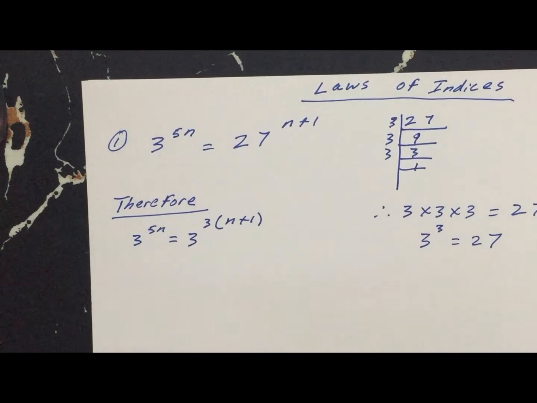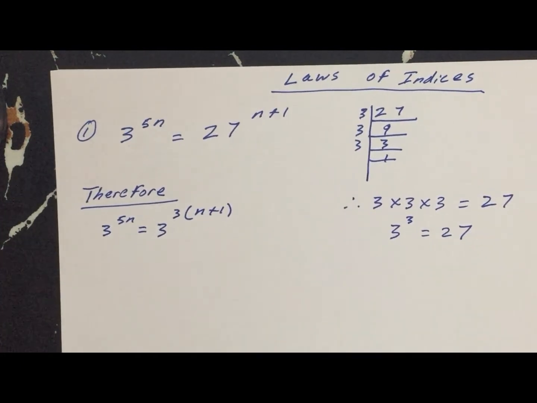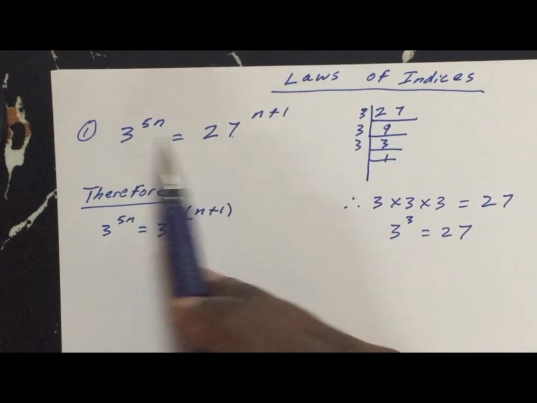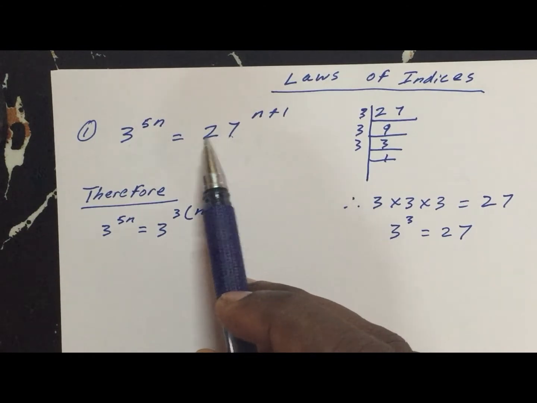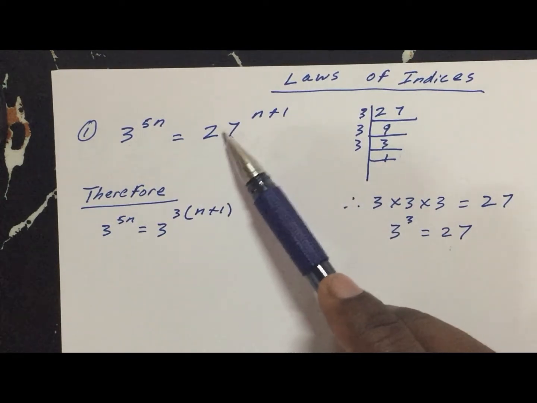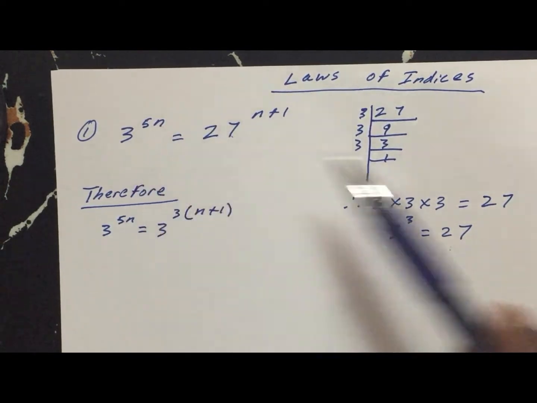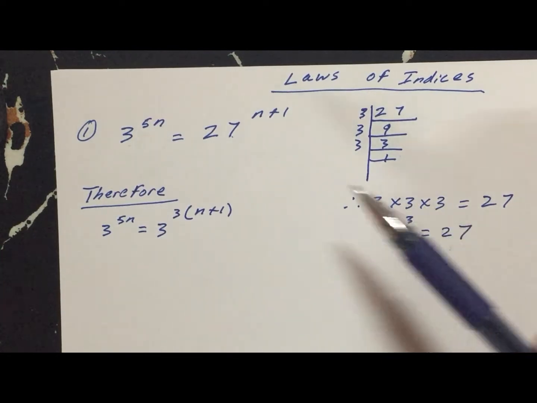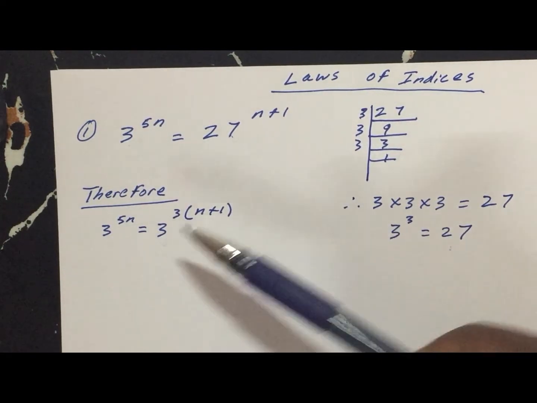Everybody follow me so far? What we're doing is changing this to one common base. We saw we could have gotten the same base as 3, so we simplified it, and then we substituted it.